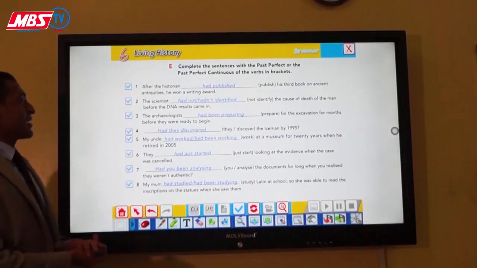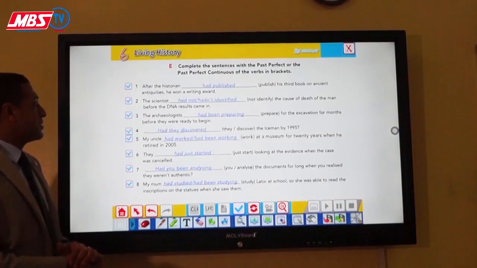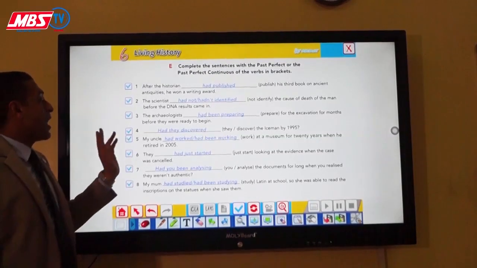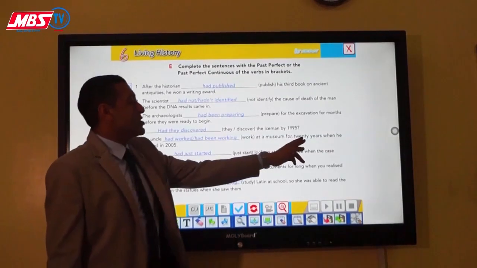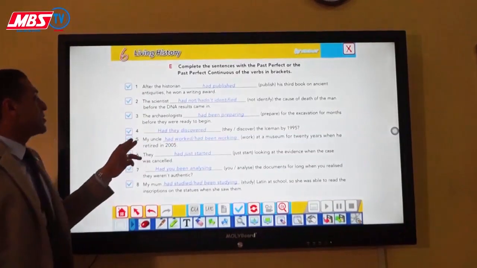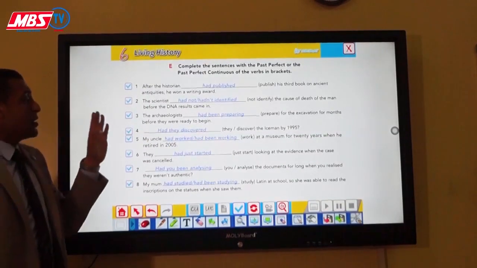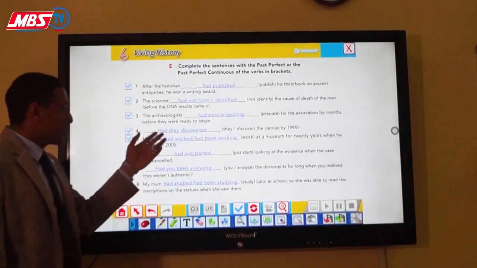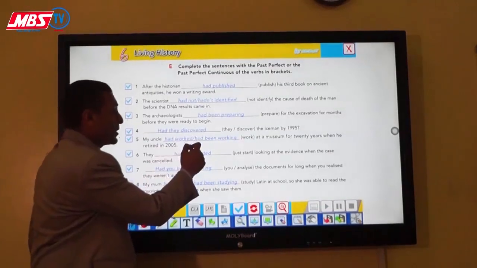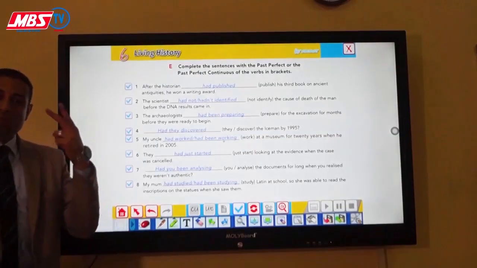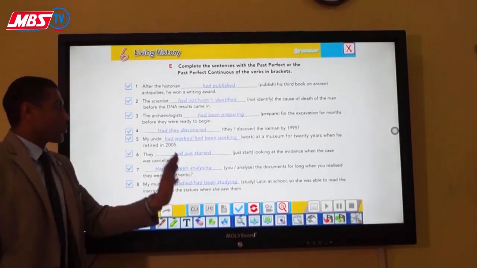But in a sentence like number 5, you can find: my uncle worked at a museum for 20 years when he retired in 2005. Both answers here are correct, and I will tell you the reason now. Had worked and had been working. Both answers are correct.